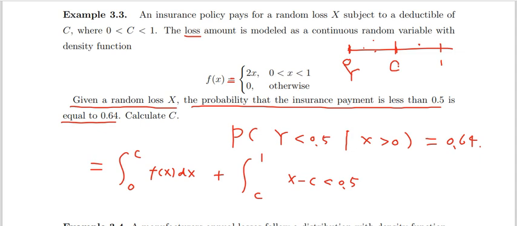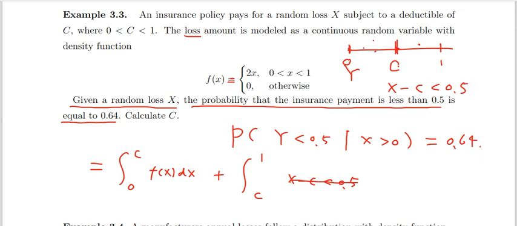Oh, I'm sorry. When x is below c, the payment is 0. But for x above c, the payment is x minus c, and we need y less than 0.5.